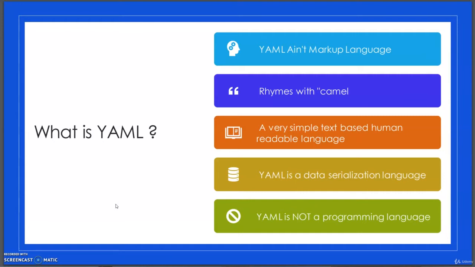By data serialization, we mean storing or preserving a state of an object or a system in a form which could be stored, exchanged, or retrieved later without any loss of information. YAML is not a programming language. It is just a format to store data like XML and JSON.